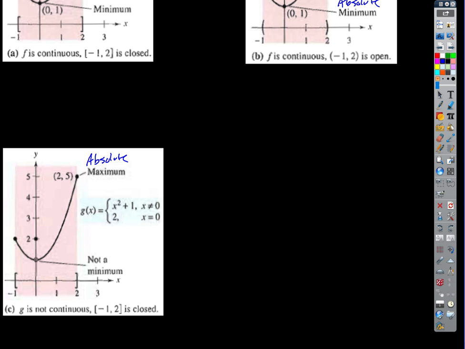What's the argument against it being a relative maximum? It's a discontinuity. The function's defined there, but the derivative is not, right? So it honestly fits that criteria too.